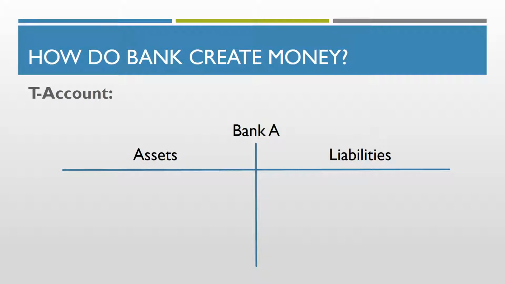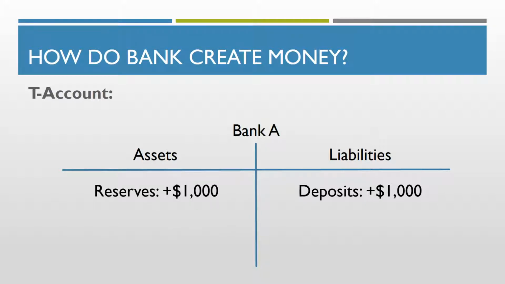In order to see how money is created in a bank system, let's use the story we just talked about. Let's suppose a $1,000 new deposit goes into the bank. It becomes a liability the bank has to pay back to the depositors later. However, it also means that the bank has this $1,000 of reserve that the bank can lend out.